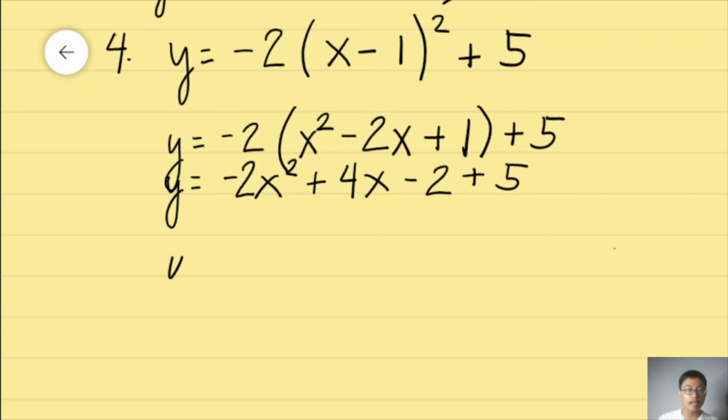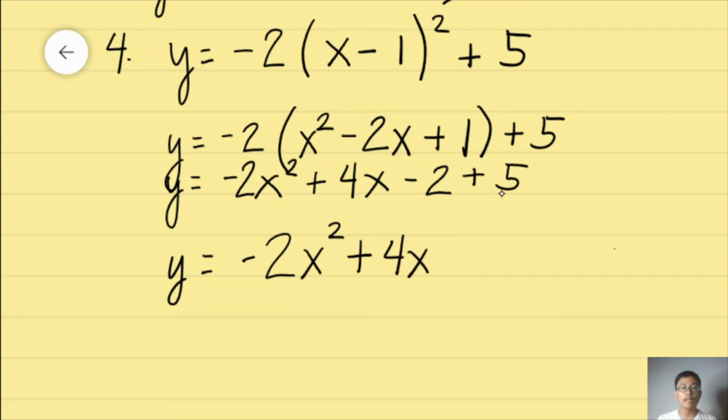So, final answer natin dyan is y is equal to negative 2x squared plus 4x, negative 2 plus 5, that is positive 3. That is our final answer, written in general form.